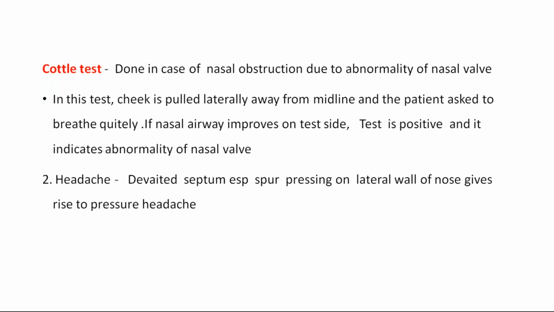So a person having a long and thin nose will have a very small nasal valve, whereas a person who has a flat nose will have a wide nasal valve. In Caucasians, the nasal valve angle is around 10 to 15 degrees.